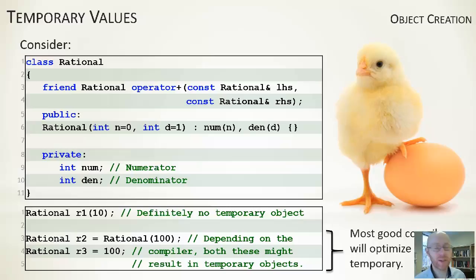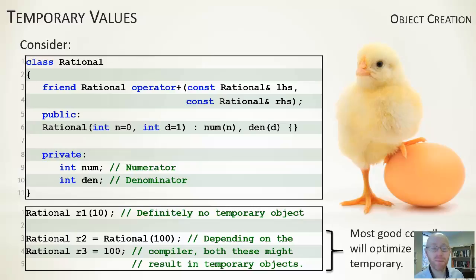So it's a rational number class. We are overloading, and we'll get onto that in the next slide, the plus operator, so we can add 2 rational numbers together. We've got a sort of default/parameterized constructor, with numerator and denominator as the member variables.